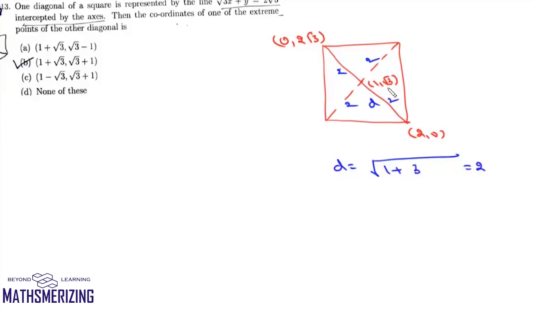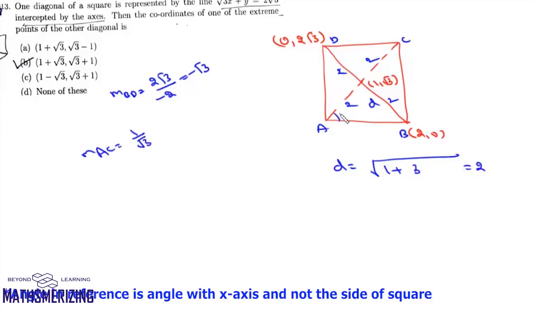Now what we'll also do is we'll find slope of, say, BD. Now slope of BD will be 2 root 3 upon minus 2. So it will be minus root 3. Slope of AC will be 1 by root 3, and that means this angle, it will be 30 degrees.